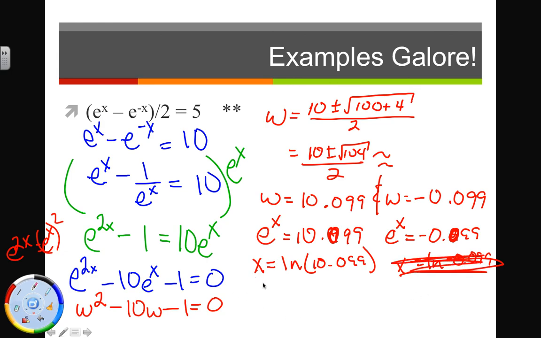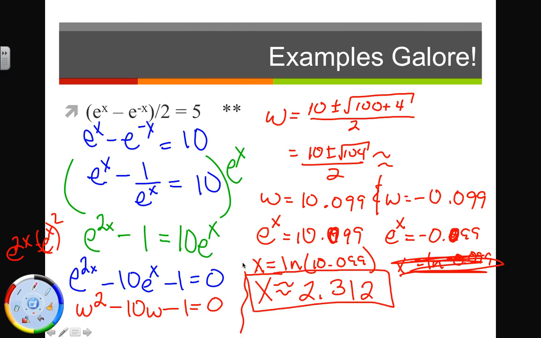So if I do this, I get the natural log of 10.099. And I get x is approximately equal to 2.312. And ta-da. Look, I made it through without even having to erase.